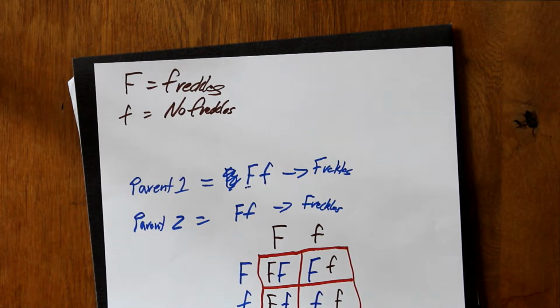And we're done. So we would say that when these two parents mate, these two parents combine their genetic information, these are all the possible outcomes they can have.